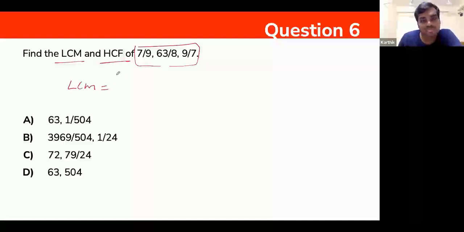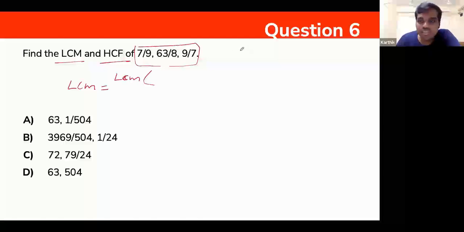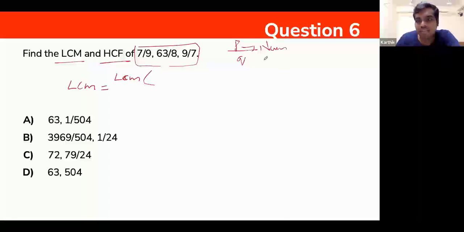So it is the LCM of the numerator. Now what is a numerator in a fraction? If a fraction is like P by Q, this is the numerator and this is the denominator. You know this, right? The number below is the denominator, above it is called the numerator.